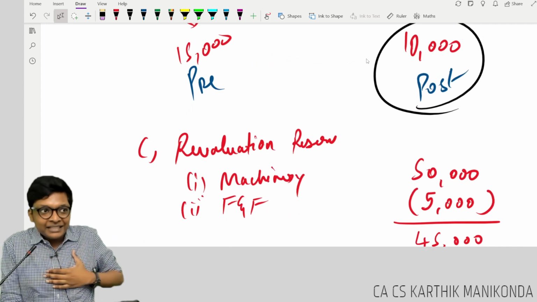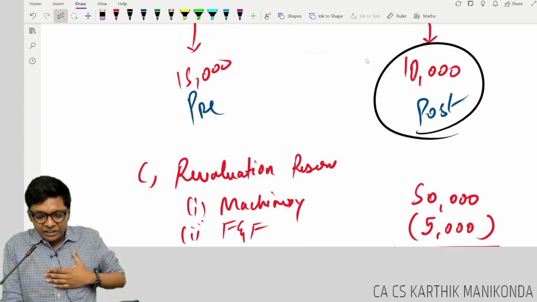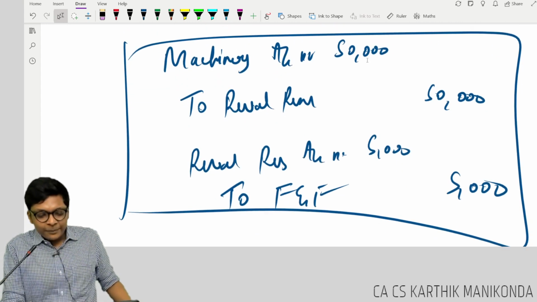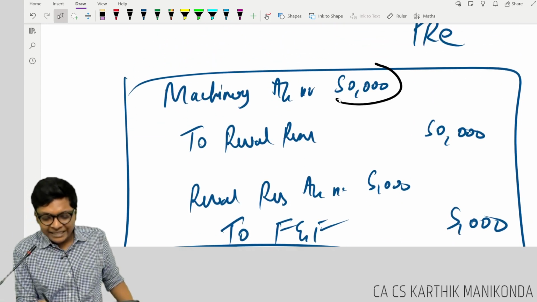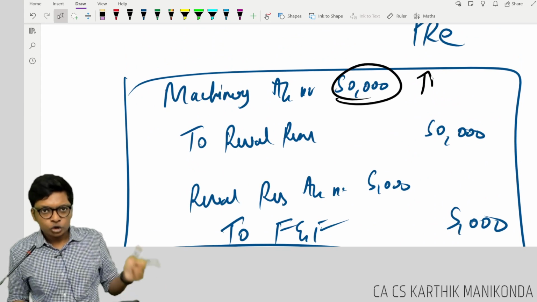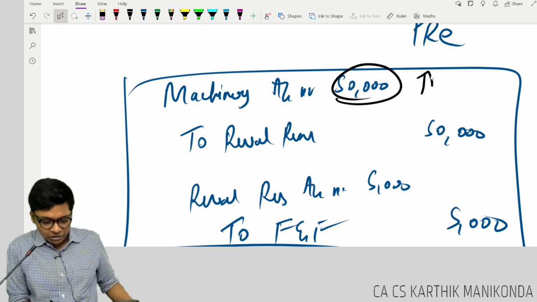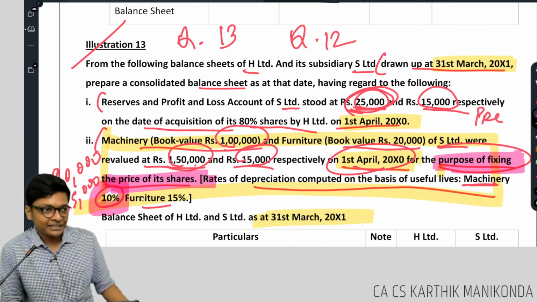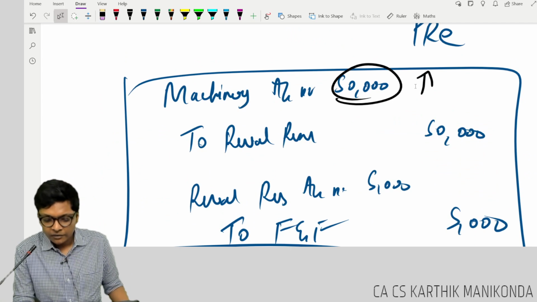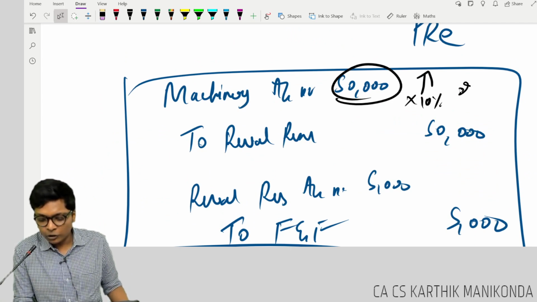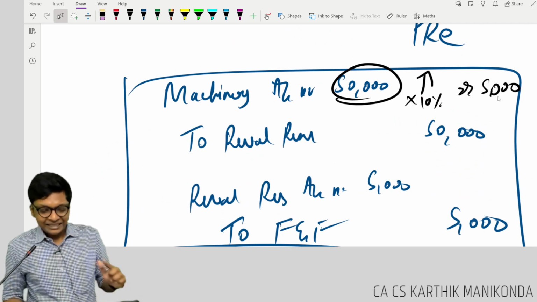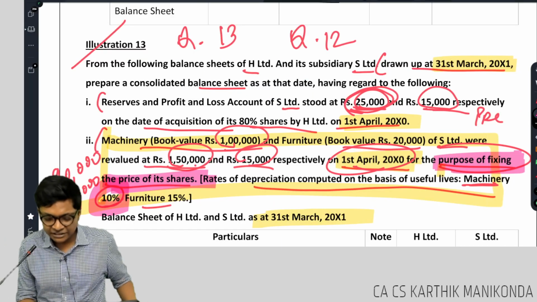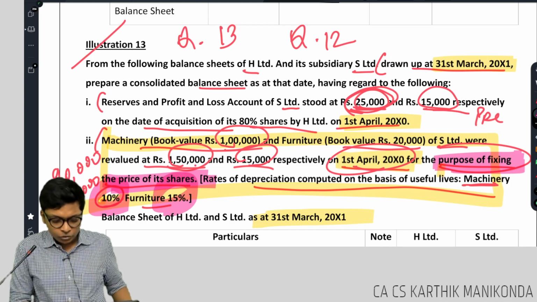The minute I do revaluation adjustment here, I should also do depreciation. What is the depreciation? Very simple. Machinery increased by 50, so additional depreciation is 5,000, because they have given the rate of depreciation to be 10%. So depreciation will be 50,000 into 10%, 5,000. Similarly for furniture and fittings, what is the depreciation? 15%. So what will happen?